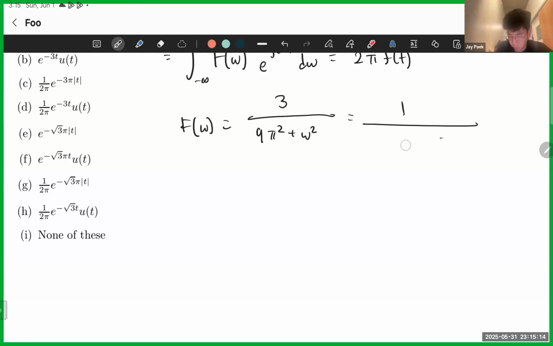There we go. That makes it way easier to compute for us. And so this is 9, 3 pi. Oh yeah, that is so much easier. And then plus minus j omega squared. And now this is a difference of squares, and so we could represent this as a sum of two fractions.